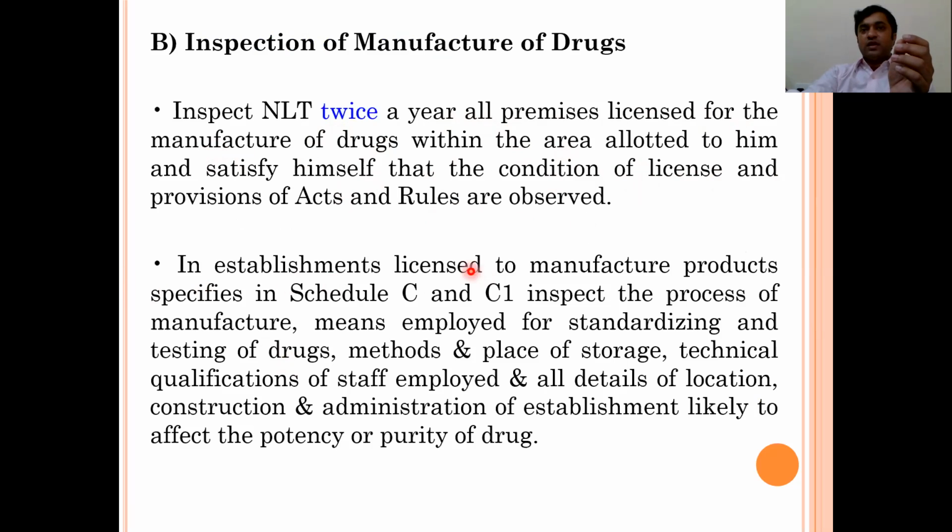In establishing the license to manufacture products specified in Schedule M, C and C1, inspect the processes of their manufacture for the standardization and testing of the drugs, method and place of storage, technical qualification of staff employed, and all the details of the location, construction, administration of the establishment likely to affect the potency and purity of the drug.